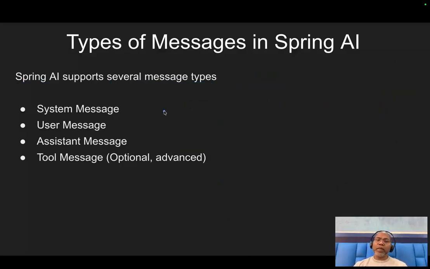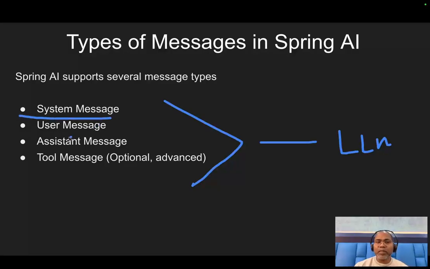For that point of view, Spring has created a couple of ways to convey user intention to the LLM. The terminology is system messages, user messages, assistant messages, and tool messages. Tool messages are optional or advanced, used in particular scenarios.